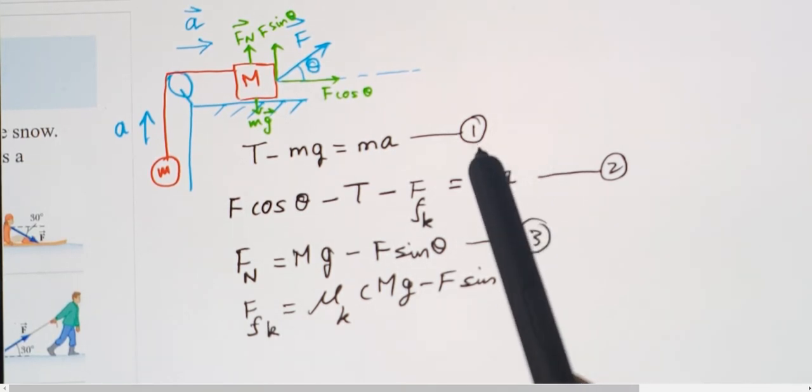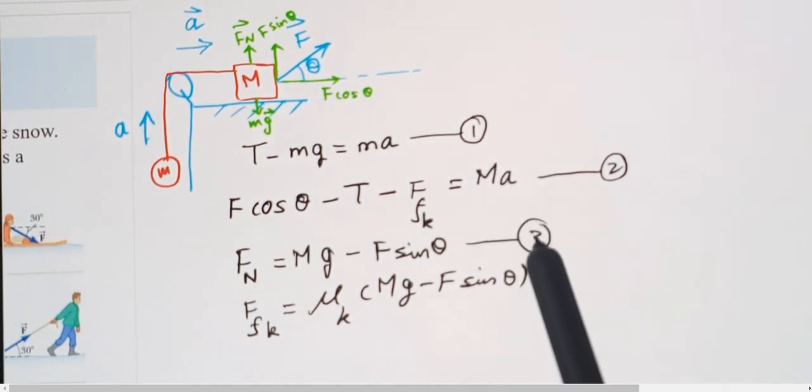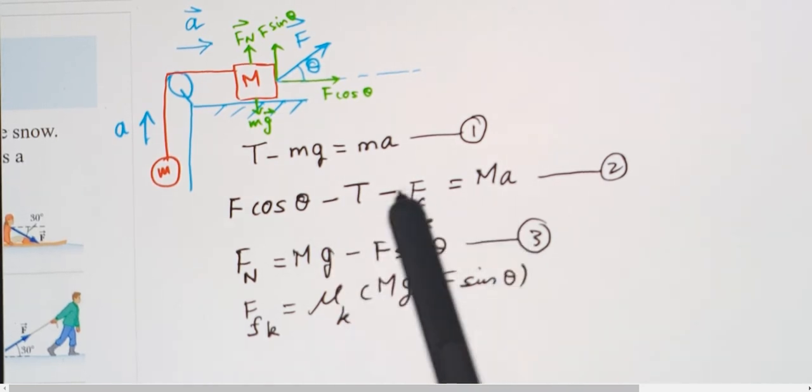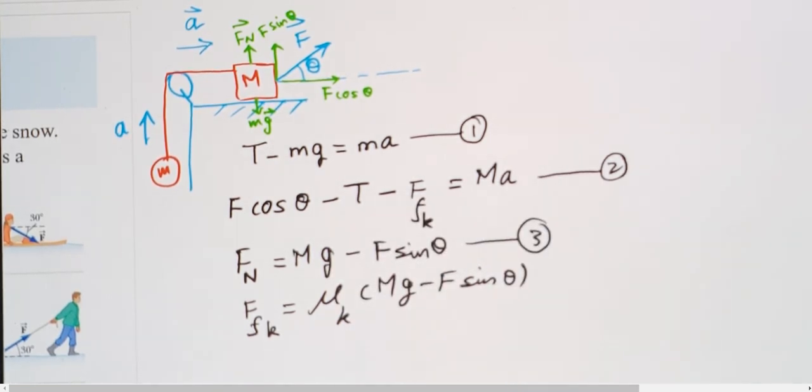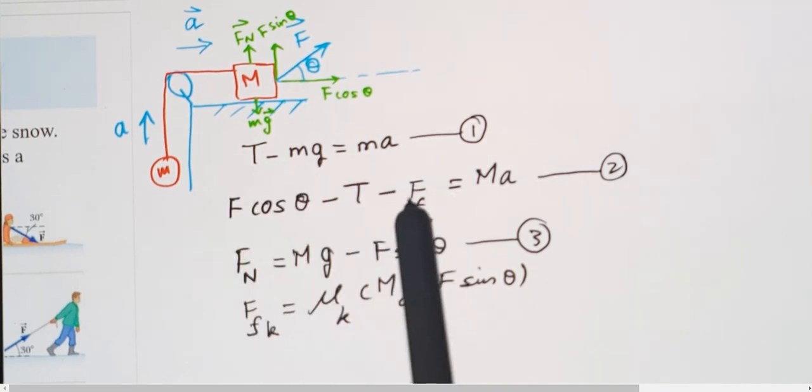Again, the marks of physics are on whether you can write those equations correctly or not. Once you write those three equations, it depends on your mathematical skill to use the data and solve the problem. But the whole mark, or most of the mark, most of the beef, is can you write those equations correctly or not?